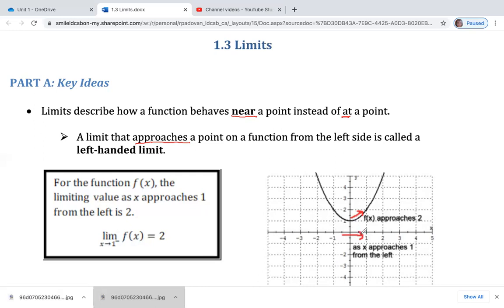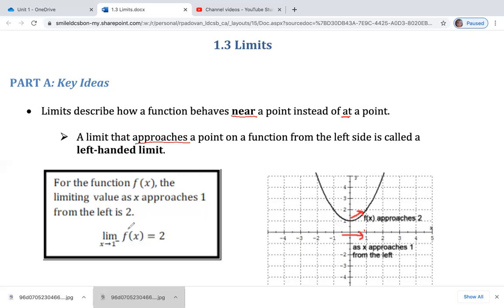Here's my arrow showing in this direction. I'm following along the graph until I get close to the x value of 1. As I'm approaching the x value of 1, what is my y value approaching? I'm approaching a value of 2.